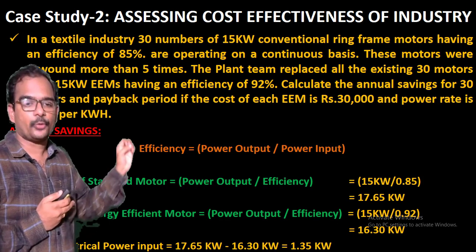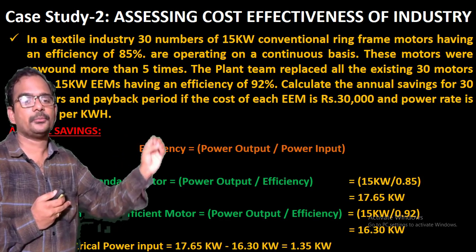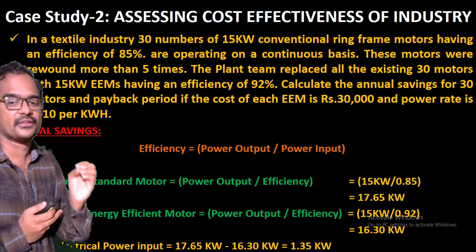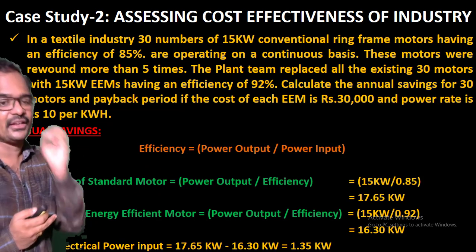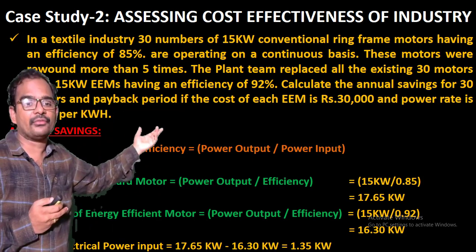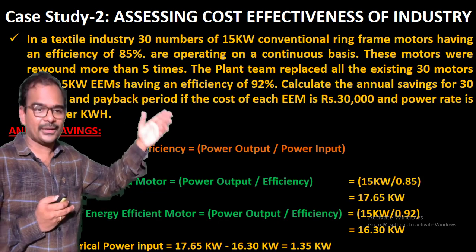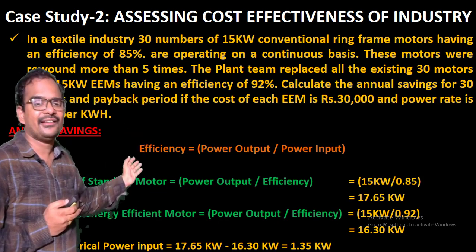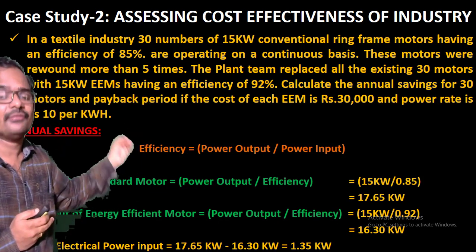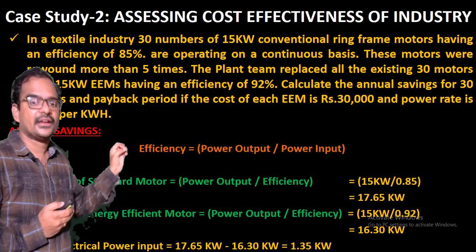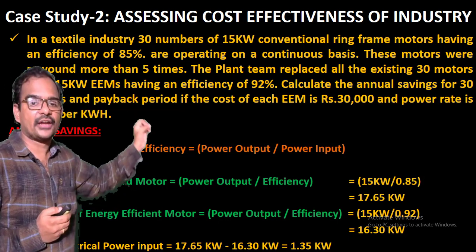It will be 17.65 kilowatt minus 16.30 kilowatt, that is 1.35 kilowatt you are saving. In the previous case study 1, you saved 0.16 kilowatt, but in this case you are seeing a saving of 1.35 kilowatt by using the energy efficient motors in place of standard motors.